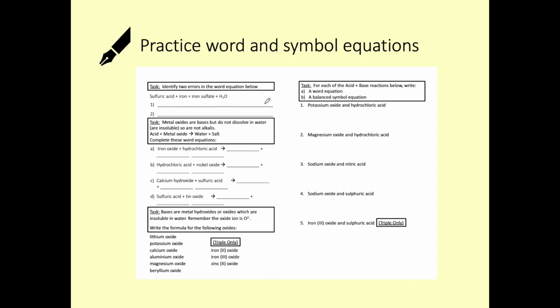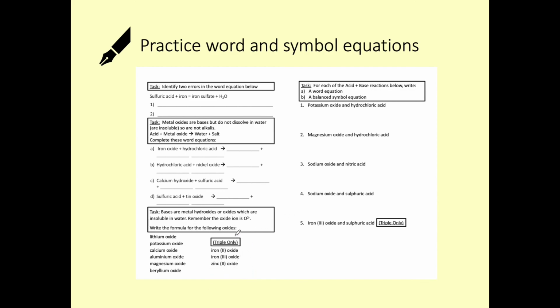In this first question, you need to be identifying the errors that have happened in this equation, and then for the task you need to be doing the word equations for these acid and base reactions, then identifying the chemical formula for these, making note that our oxide is an O2-, so thinking about the charges of our metals and what the ratio between those different components needs to be for it to overall be neutral.